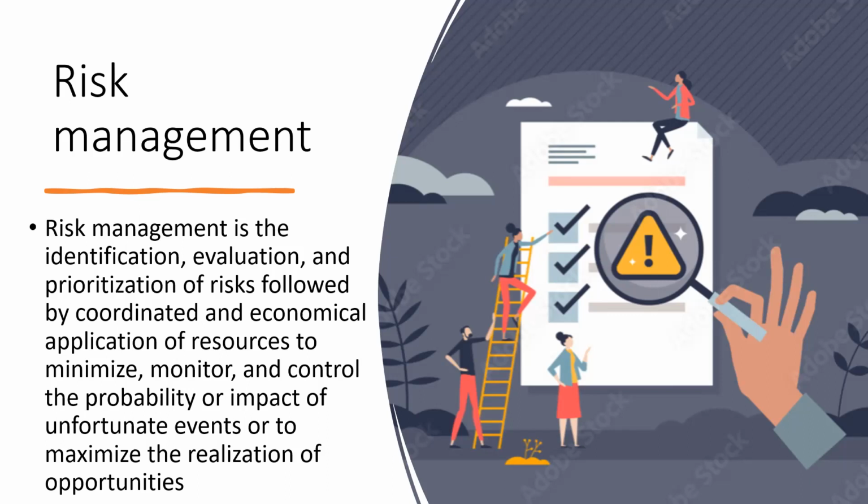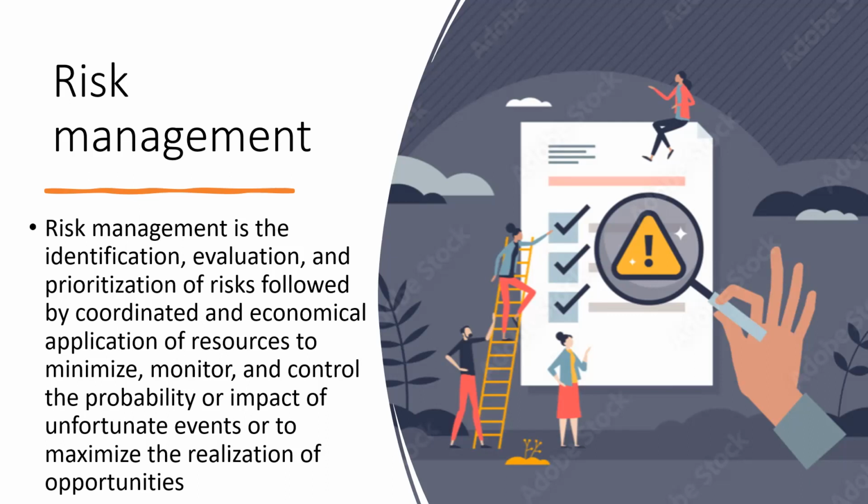When there are a number of risks related to your financial activities, you try to prioritize which risk you need to mitigate first. You have to decide that, and then you can apply different strategies and try to control and minimize the risk. And this process is called risk management.